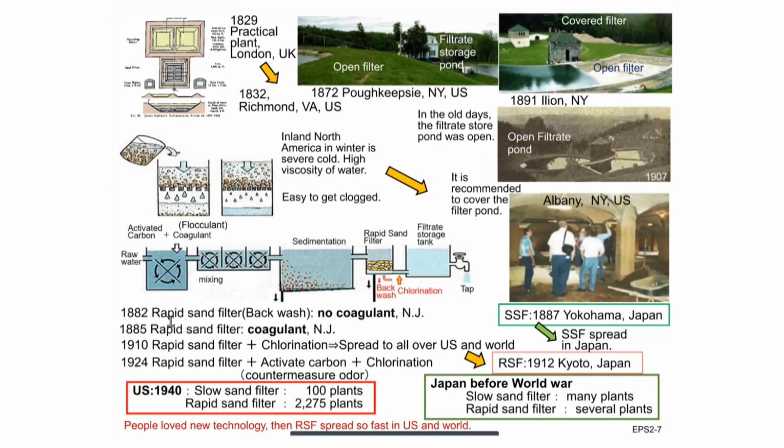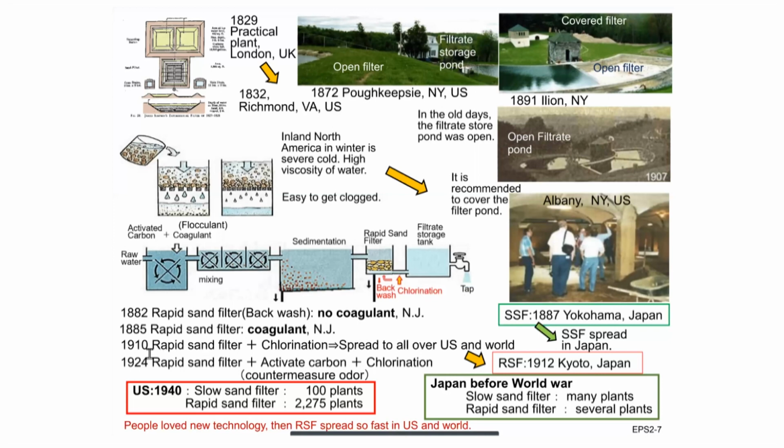In 1882, the rapid sand filter backwashing process. So no coagulant is used twice, this way. And then in 1885, rapid sand filtration was invented.